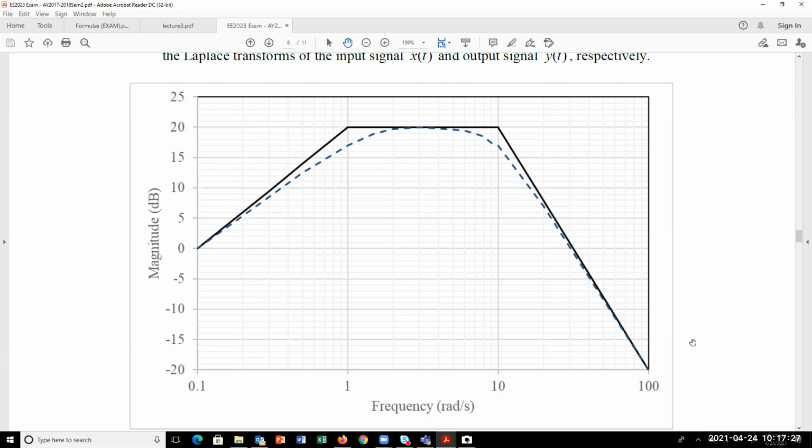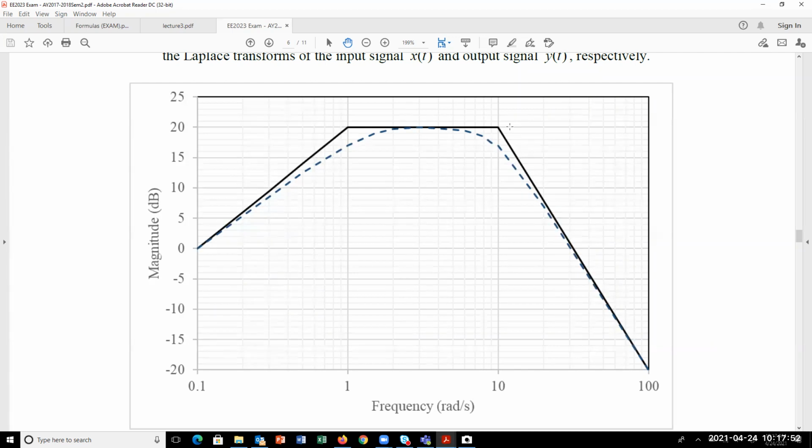At the corner frequency, which in this case is 10 radians per second, instead of going to minus 45, it will go down to minus 90.